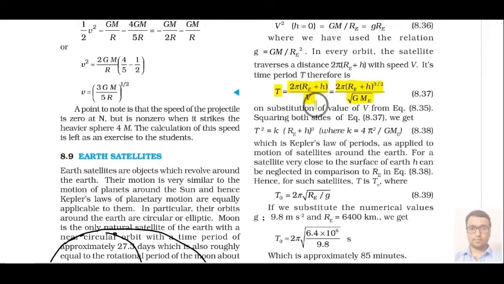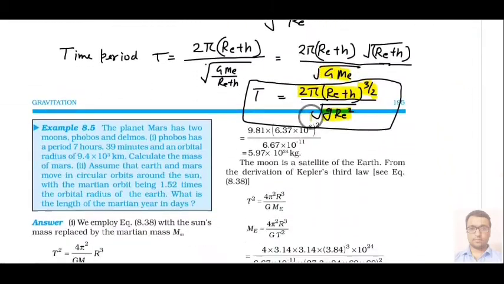Now we have to square both sides. In that case we will get T square equal to 4π square upon GMe into (Re + h) whole cube.